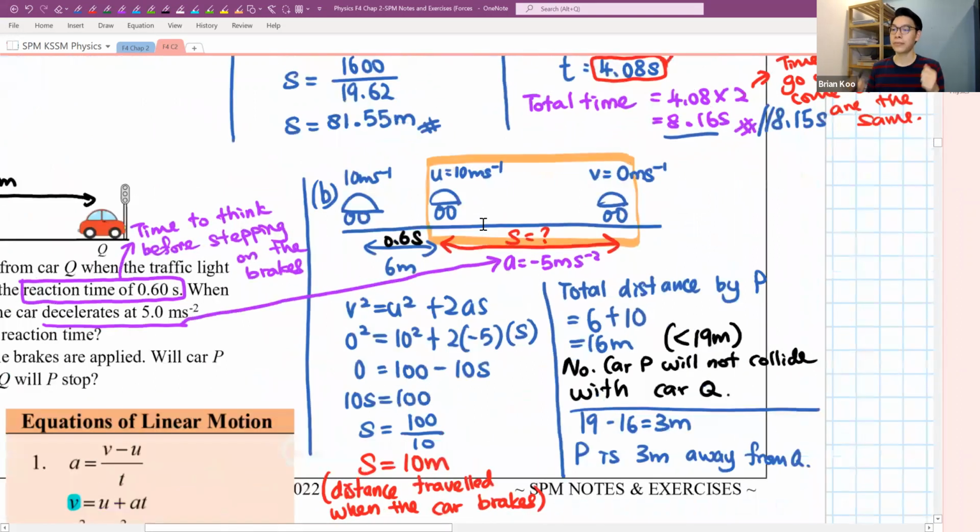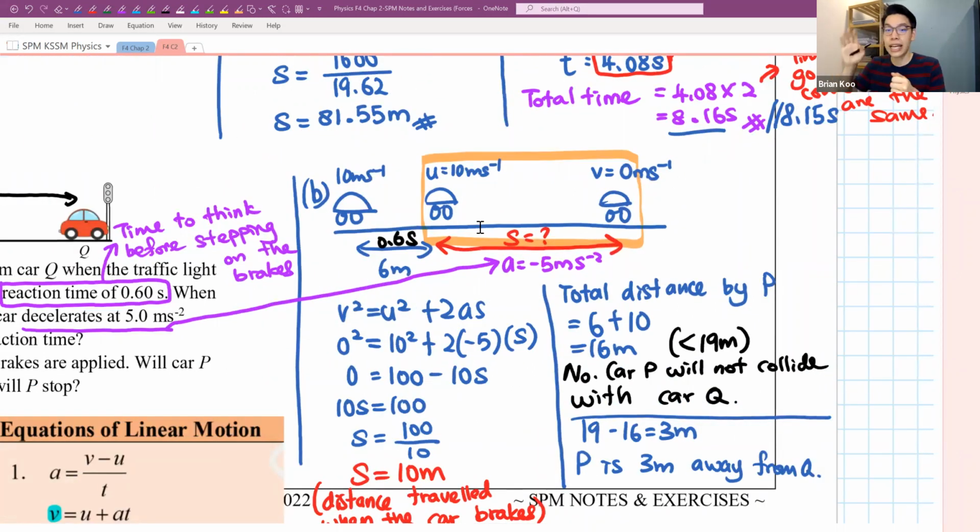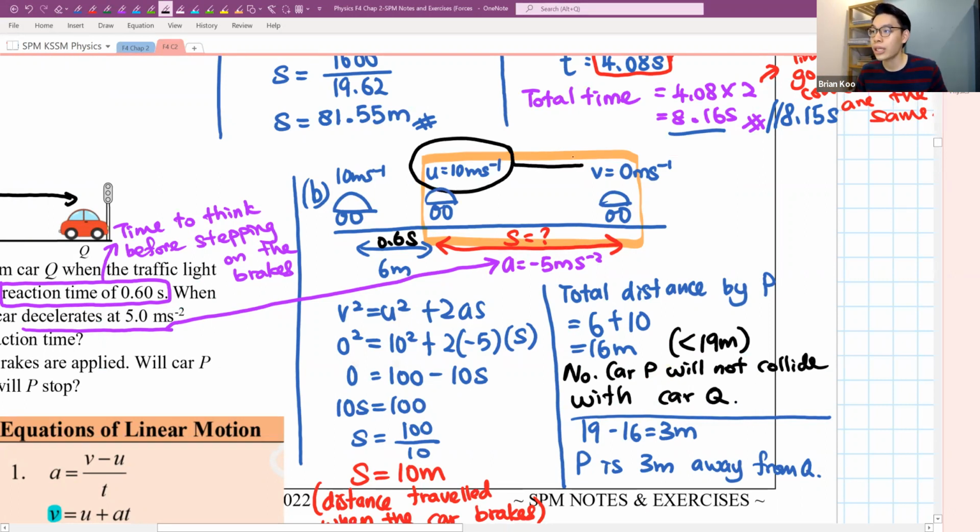And then after that, that is when he starts to step on his brakes. The moment he steps on the brake, he will slow down until he reaches 0 meters per second. You see a traffic light, you definitely want to stop right at the end. So stopping, resting, the velocity is always 0, right? So this is why I put V equals 0.